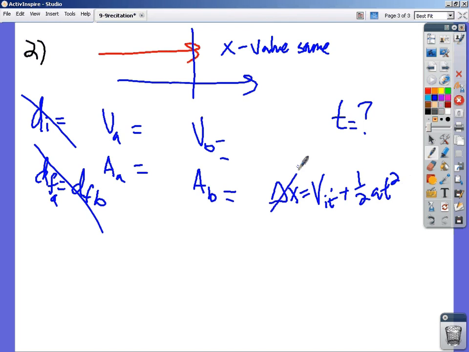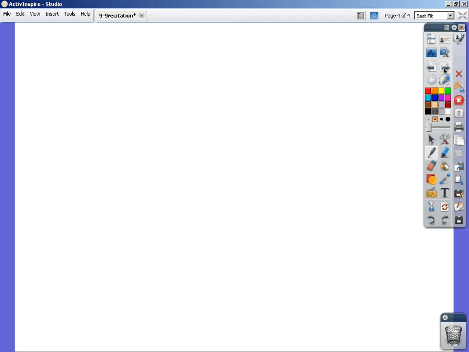We get kind of complicated with our labels, but we would have the initial velocity of A times t plus 1/2 the acceleration of A times the time squared equals the initial velocity of particle B times t plus 1/2 the acceleration of B times t squared. Okay, that's what we get.